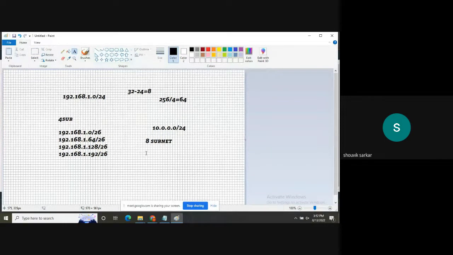We want to divide it into 8 subnets. What is the IP address of each subnet first? Can you tell me? I want to get a response from everyone. I'll give you 5 minutes. I say nothing in the meantime.